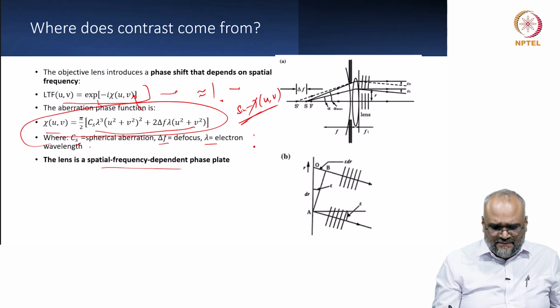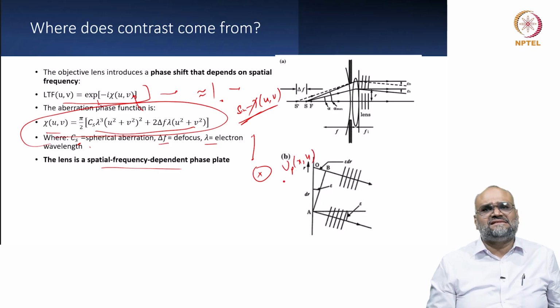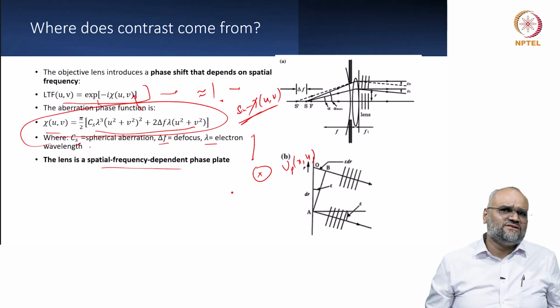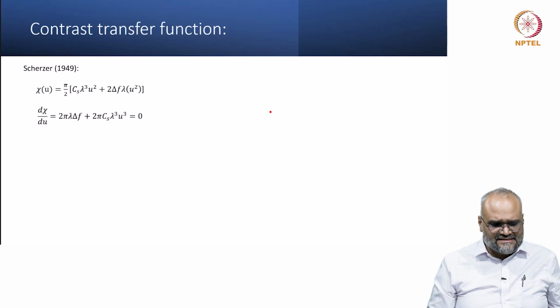Now, this information from a lens convoluted with the projected potential from the crystalline sample is what is recorded in an image in a high resolution micrograph. So, let us look at this contrast transfer function and recollect this.